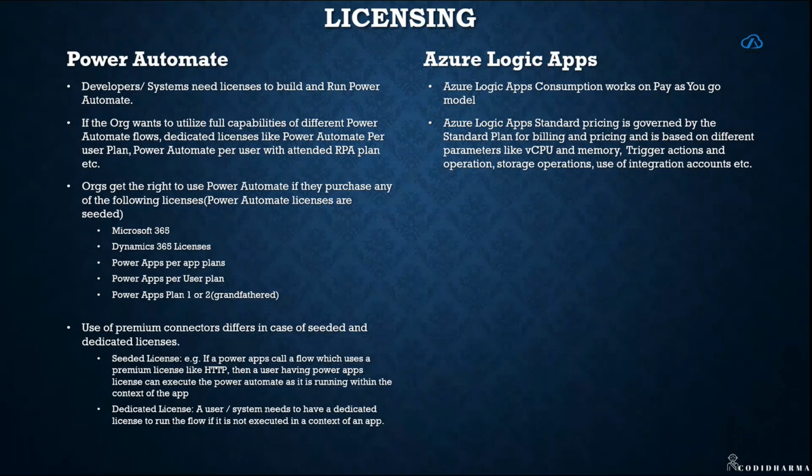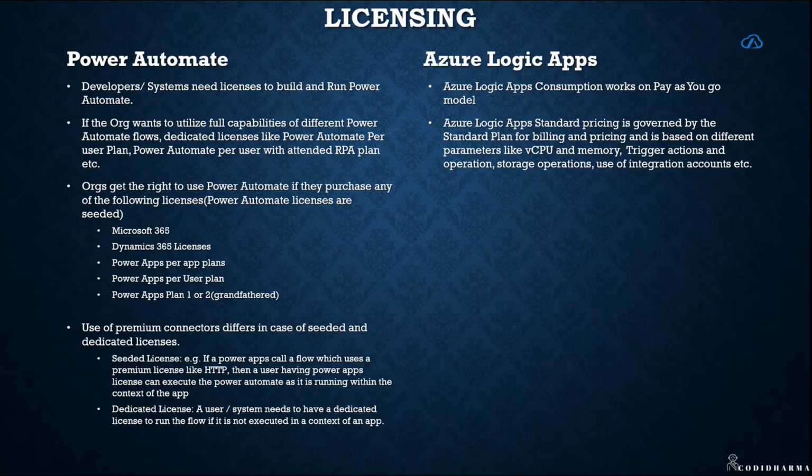Now, if a person who is running that Power Apps has a dedicated Power Apps per user or per app license, then the user can run that Power Automate flow because the seeded license itself contains the capability of running the premium connectors, right?